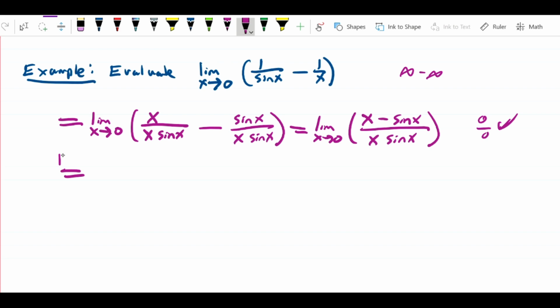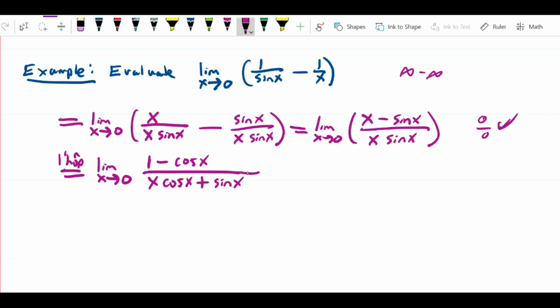So now, by L'Hopital's rule, this is going to be the limit as x approaches 0 of the derivative of the top, which is 1 minus cosine x, over the bottom. We're going to need the product rule, so that's going to be x times the derivative of sine x, so that's x cosine x, plus the derivative of x, which is 1, times sine x.